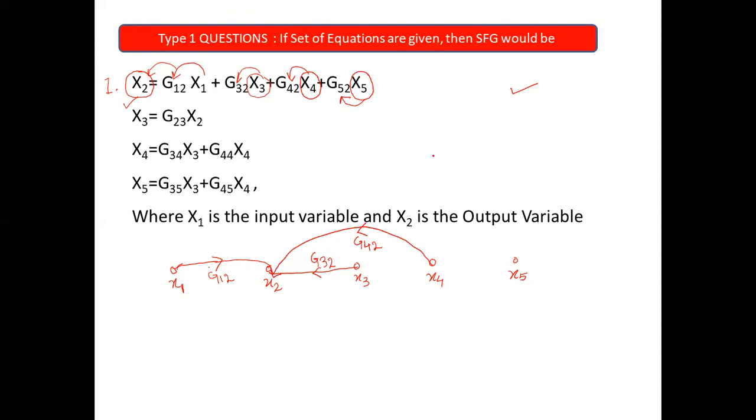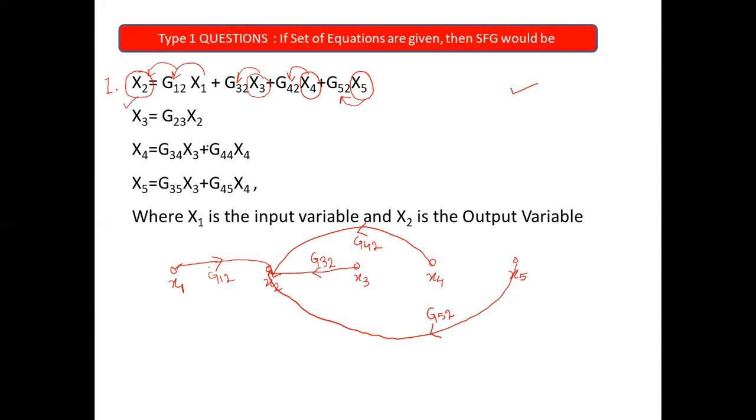So there would be a signal from x5 and it is going to x2. It means x5 is getting multiplied by g52 and it is providing a signal of x2. So this is the signal flow graph for equation 1.